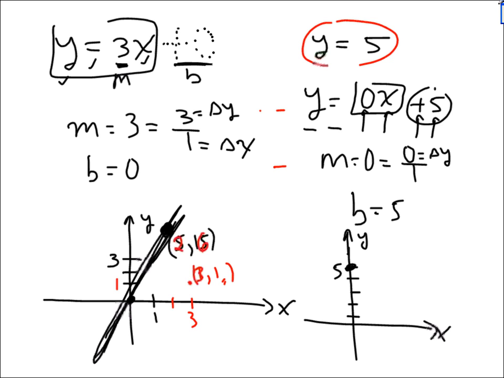That is, I don't go up or down any. And my change in x is 1. If you said 0 is 0 over negative 1, well then I would have gone 1 to the left. If you said 0 over 4, I would have gone 4 to the right. But either way, I get this horizontal line.